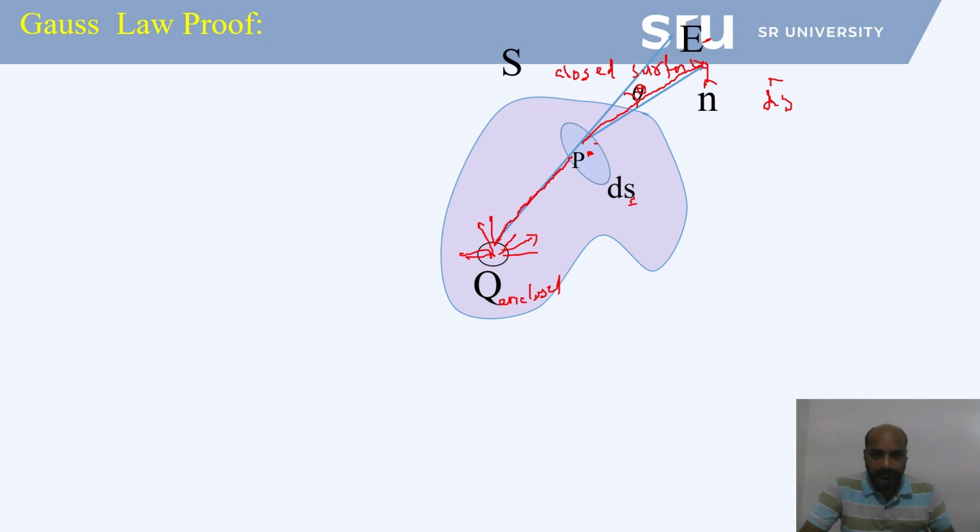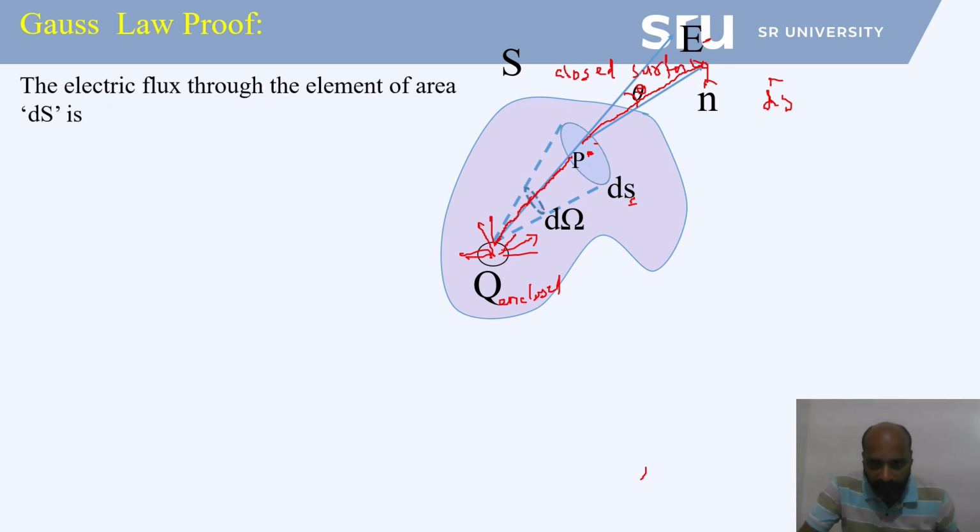Now this elemental surface ds is making some solid angle with the enclosed charge q, right? I mean, we will try to draw this in three dimensions.